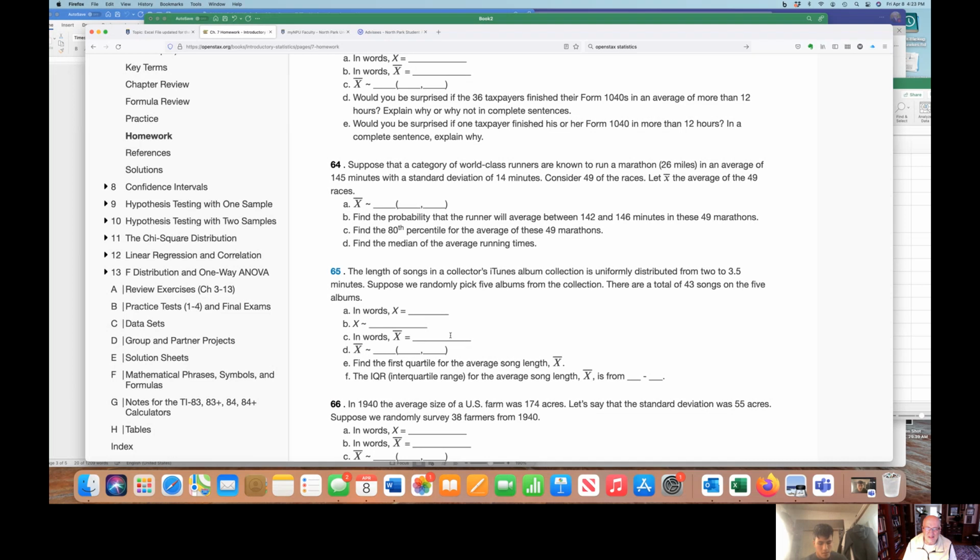Let me just add stuff to 63 to make it look like 64. Probably that a runner will average between 142 and 146 minutes in these 49 marathons. Well, that's the sum of probabilities. Find the median of the average running times.